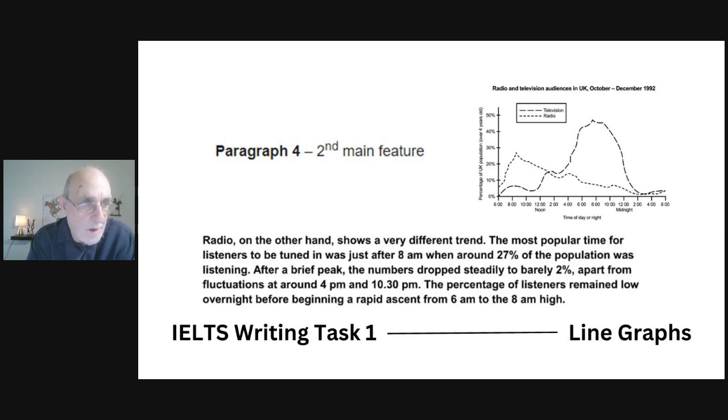So this is quite a contrast, and it's clear that we need to deal with it in this paragraph. And we're just mentioning some percentages and saying the times for peak listening times for the radio audience. So you can see it's a very simple process. It's a very clear process.